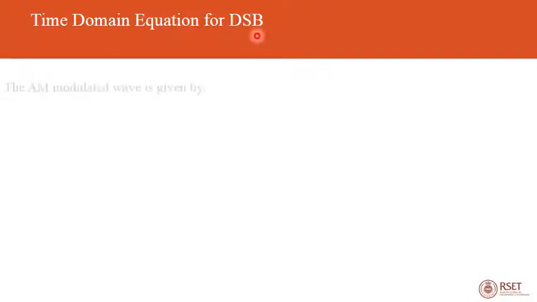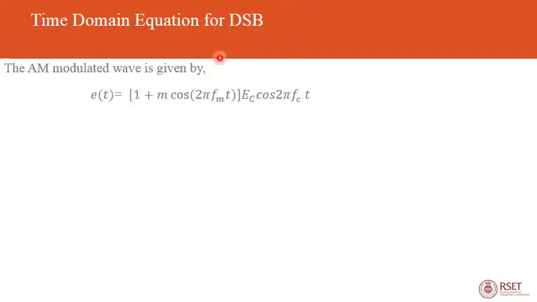In the previous lecture we already derived the expression for the conventional AM signal, which is given by E of t equals 1 plus m cos 2 pi fm t, times Ec cos 2 pi fc t. Here Ec cos 2 pi fc t represents the carrier signal, which is used to carry the information, with amplitude Ec and frequency fc. m represents the modulation index, a term used to describe the amplitude change within the AM waveform, and cos 2 pi fm t represents the modulating signal with frequency fm.